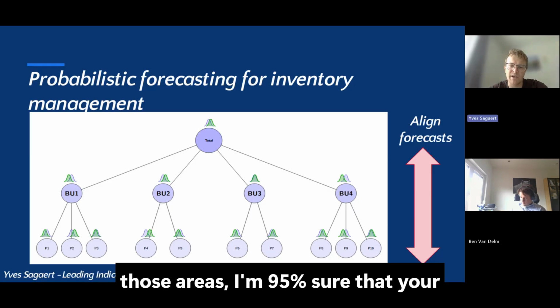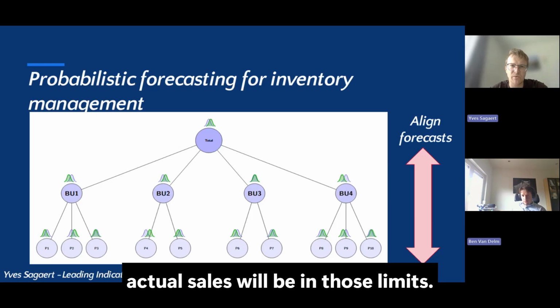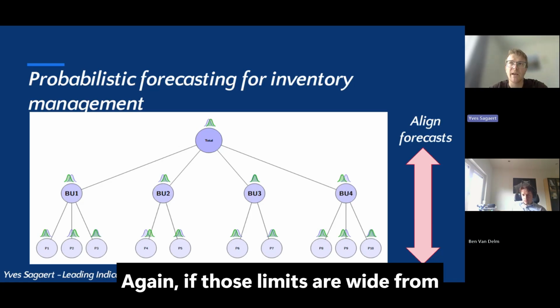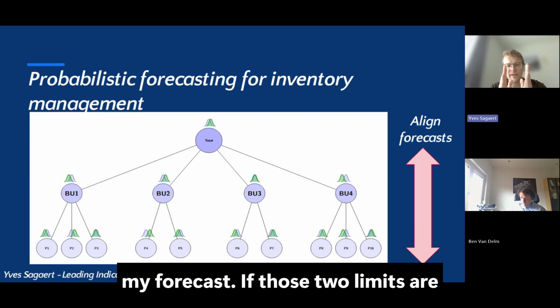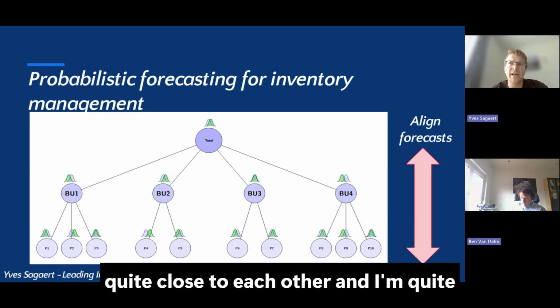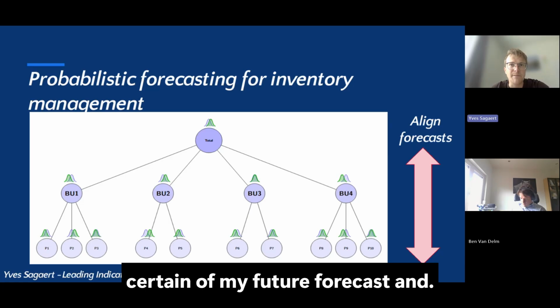Again, if those limits are wide from each other, I'm not so sure about my forecast. If those two limits are quite close to each other, I'm quite certain of my future forecast.